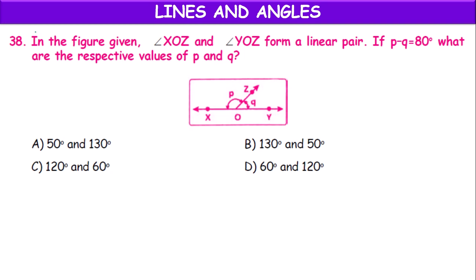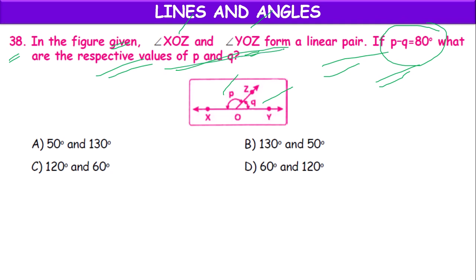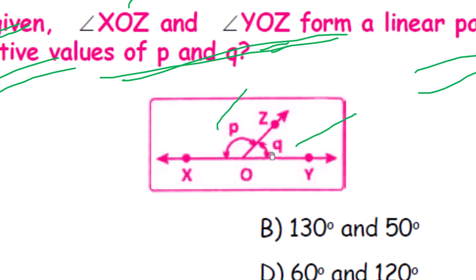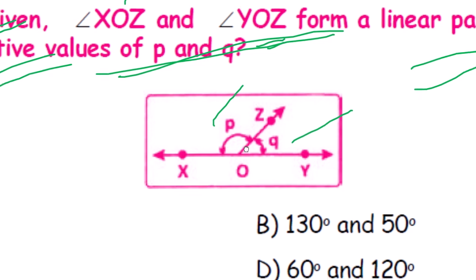Next, children, 38th. In the figure given, angle XOZ and angle YOZ form a linear pair, and the angles are P and Q. If P minus Q equal to 80 degrees, what are the respective values of P and Q? In the figure, they have given these two will form a linear pair. So P plus Q equal to 180 degrees.